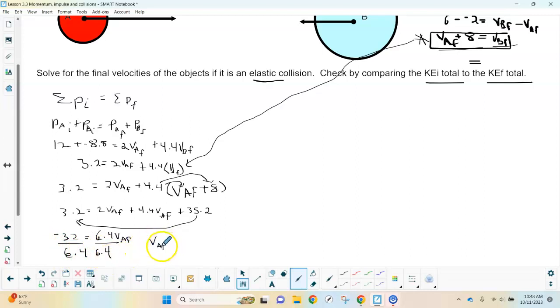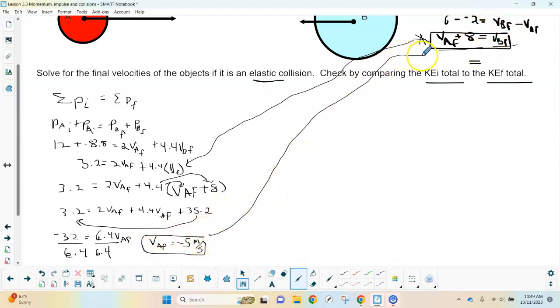You'll get VAF as a negative number, which means VAF bounces off and goes to the left. You get negative 5 meters per second. That is what VAF is. We can get VBF by plugging it back in up here.